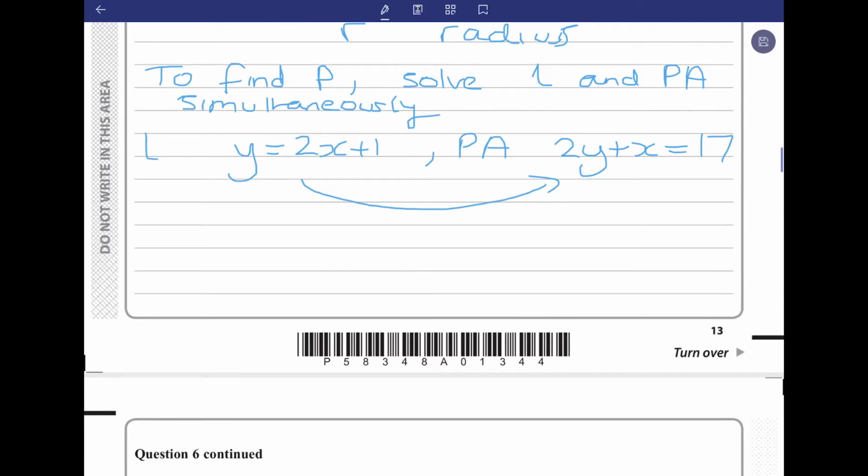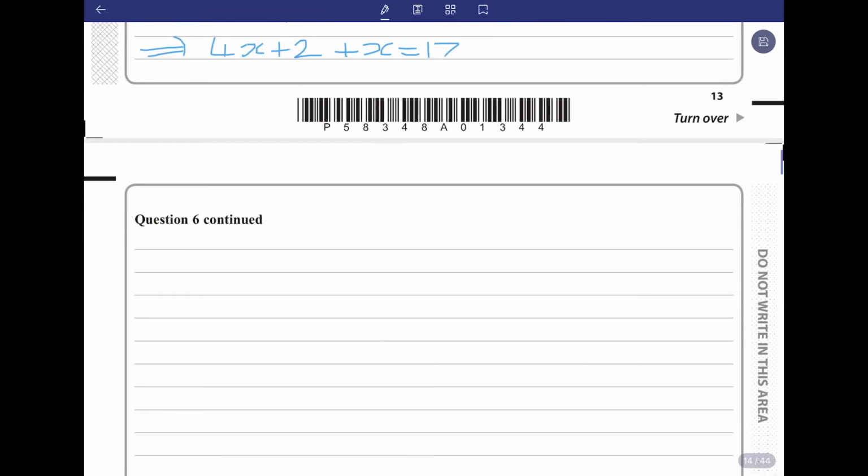So we're going to get 2 lots of 2x plus 1 plus x equals 17. Let's expand these brackets, so we get 4x plus 2 plus x equals 17. And then we can just rearrange to get 5x equals 15, and therefore we get x equals 3.